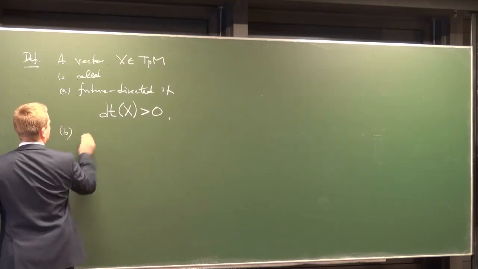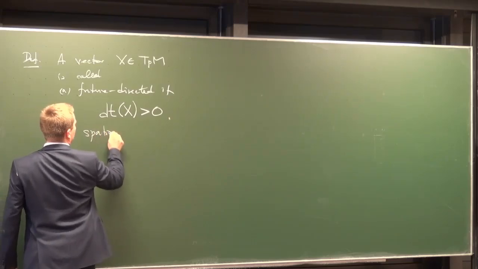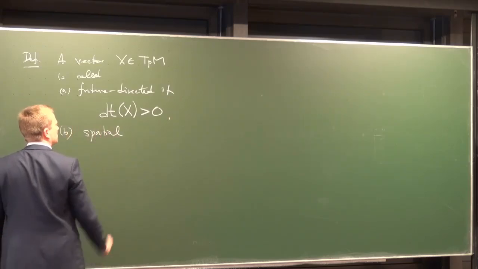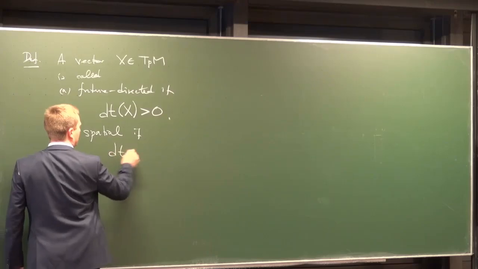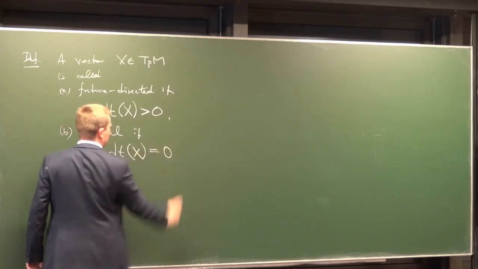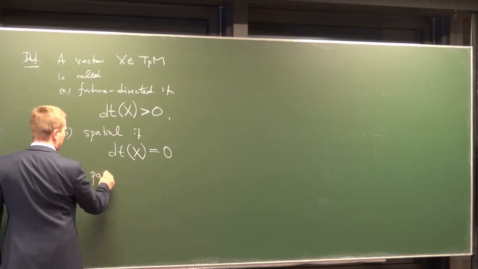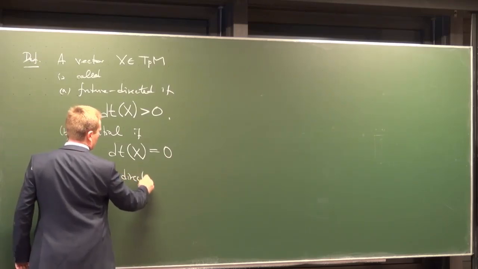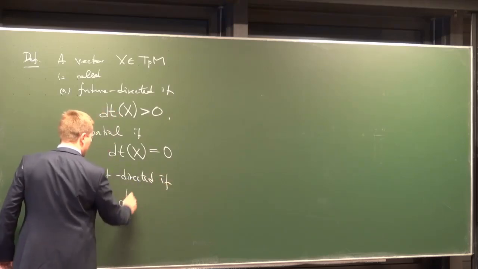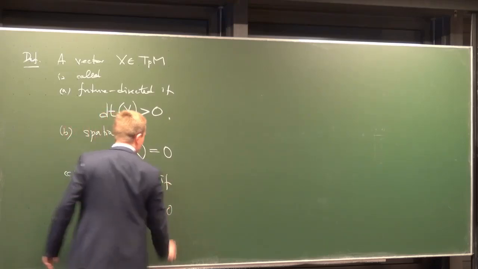The vector is called spatial, a spatial vector in the sense of absolute space, if the application of the gradient of the absolute time function is 0. And it's called past-directed if, you guess it, dt of X is less than 0.